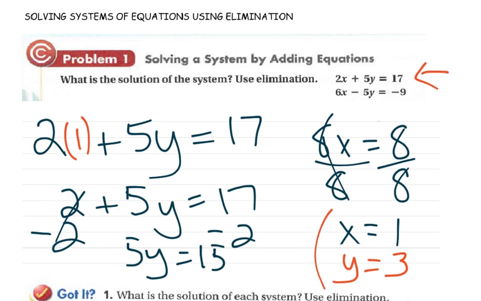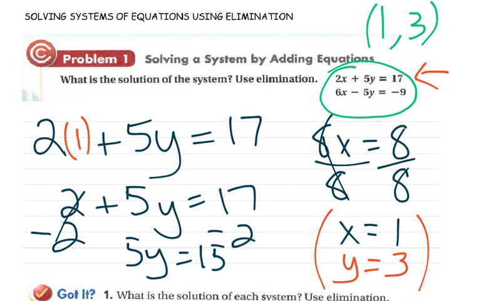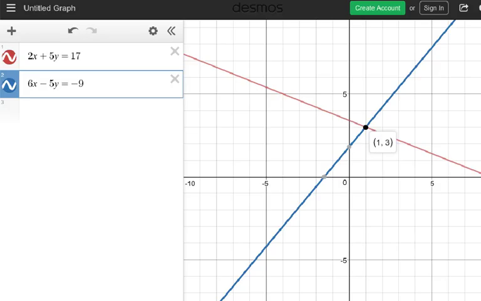Just to be sure, just to check ourselves, let's graph it and let's make sure that we're right. Okay, if we're right, then these two equations will intersect at point 1, 3, because that's what we've concluded. So let's graph them and see what happens.